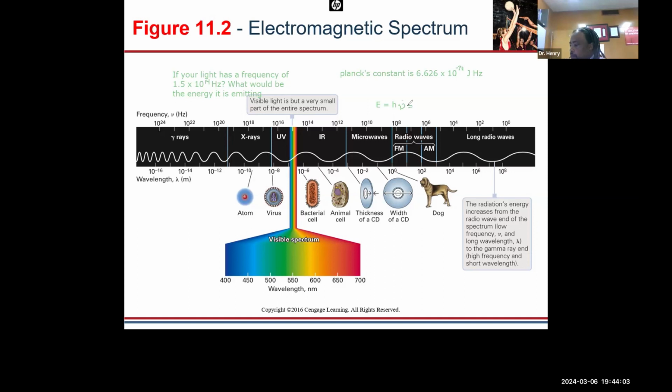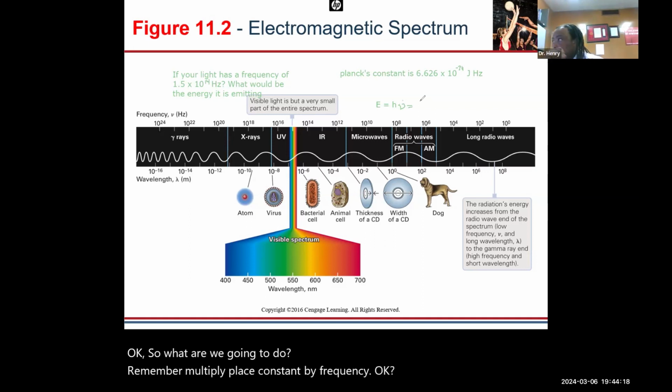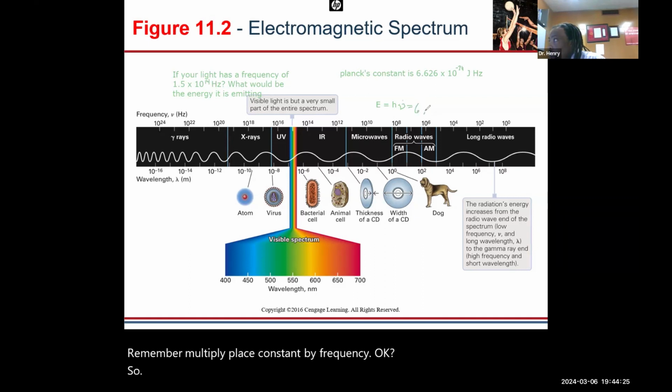Okay, so what are we going to do? We're going to multiply Planck's constant by our frequency. Planck's constant is 6.626 times 10 to the minus 34, and that's joules per hertz.